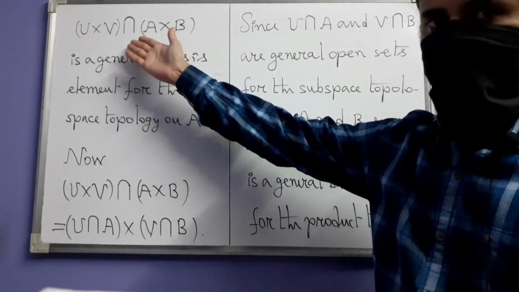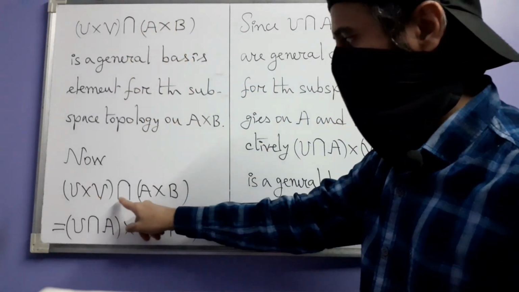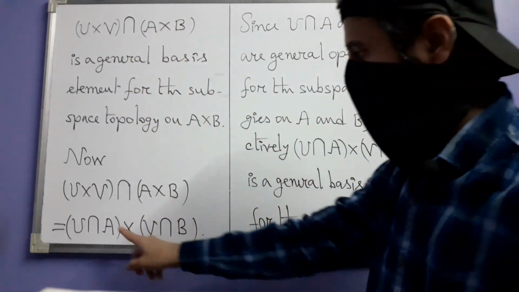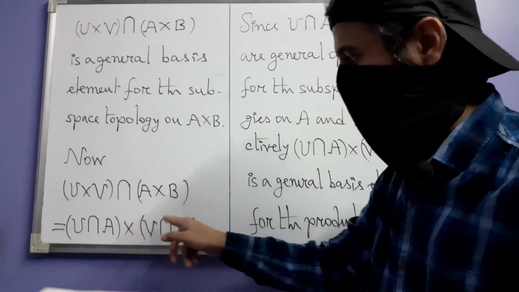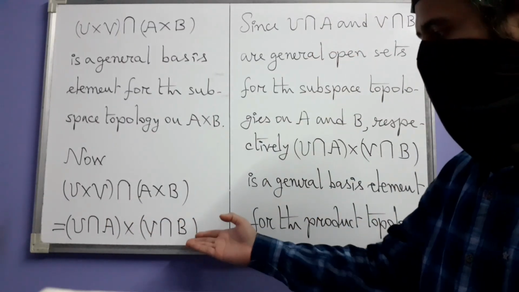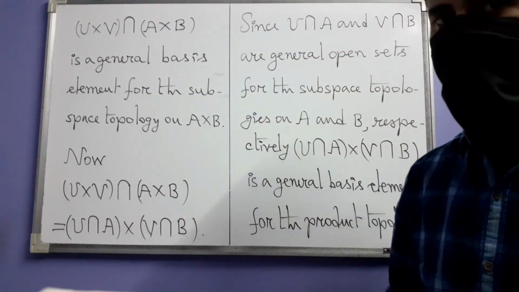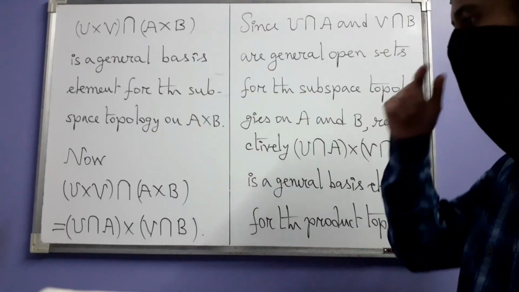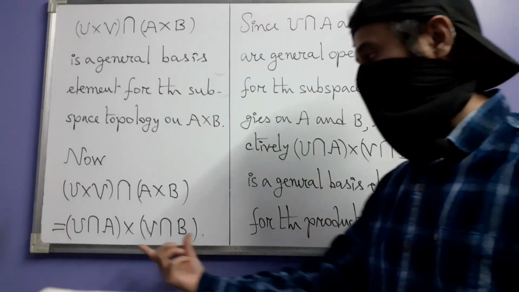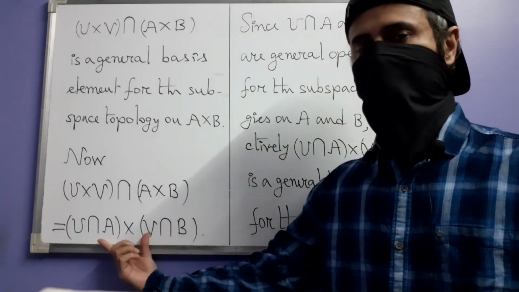Now you look at this identity. That means we are considering this set U times V intersection A times B equals U intersection A times V intersection B. This is a very simple set theoretic identity which you can easily prove. But now you note the form of this set.